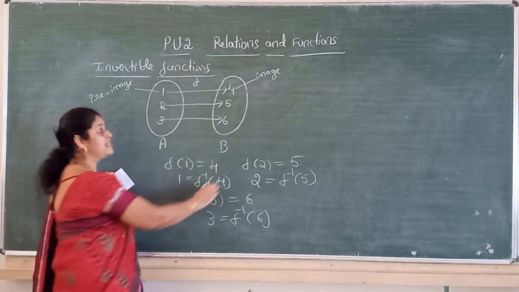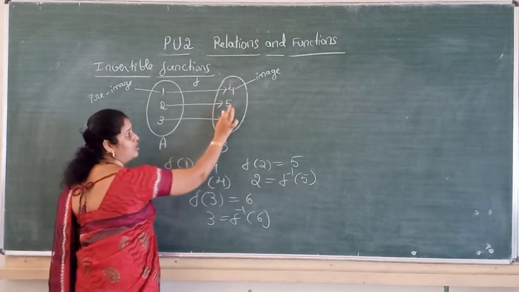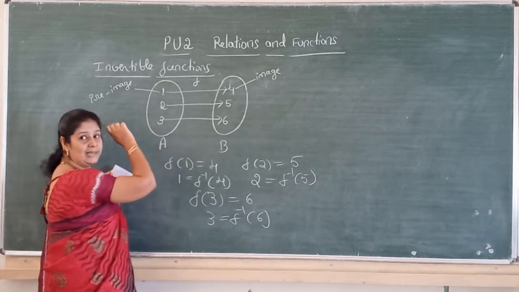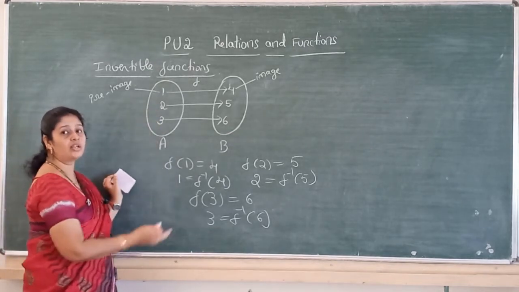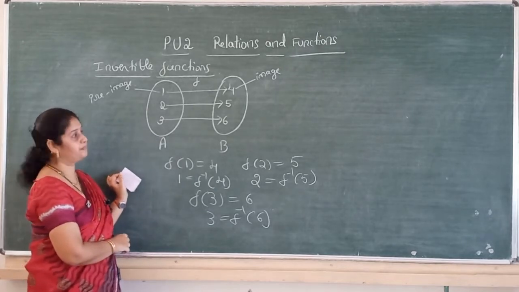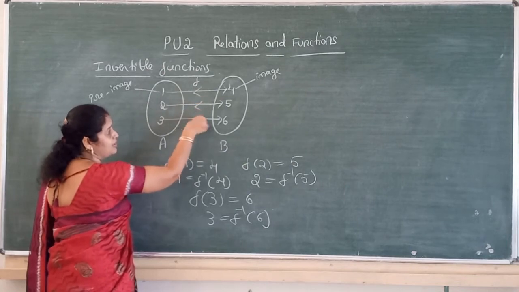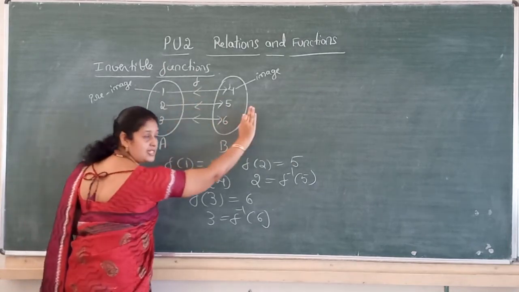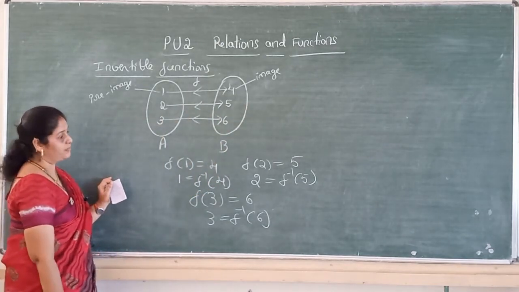Therefore, this set's elements are called images, and this set's elements, the domain set elements, are called pre-images or inverse images. Therefore, direction will be this way. This is f, and coming back is f inverse.